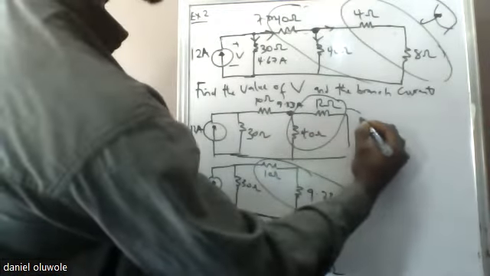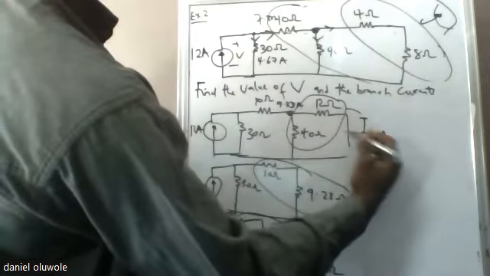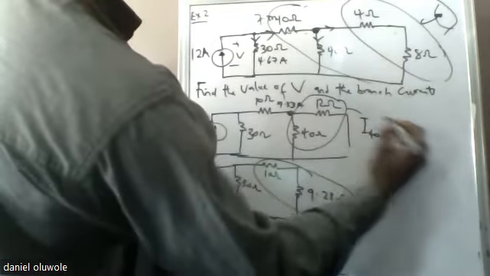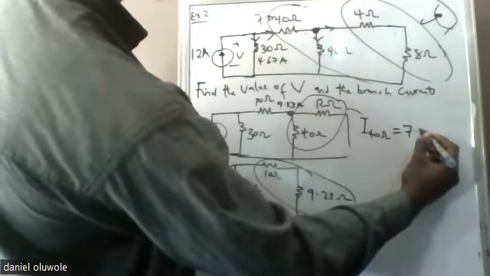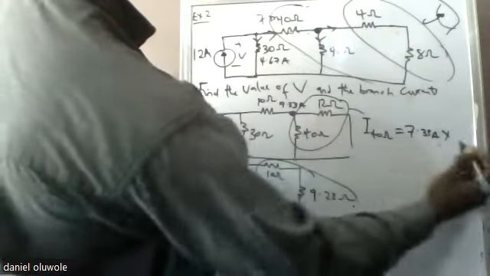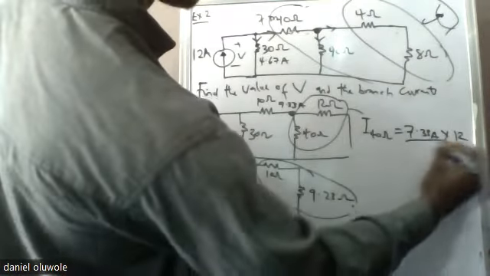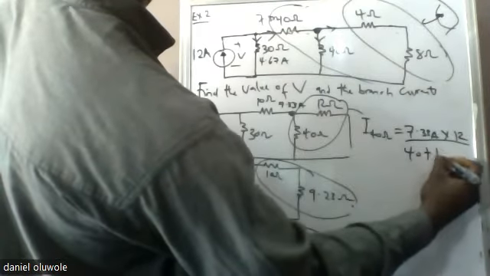To get the I of 40 ohms, it will be 7.33 amps, which is the total, times the opposite, that's 12, which is the equivalent of what this one is here, over the sum of 40 plus 12.